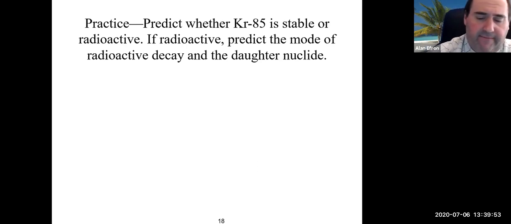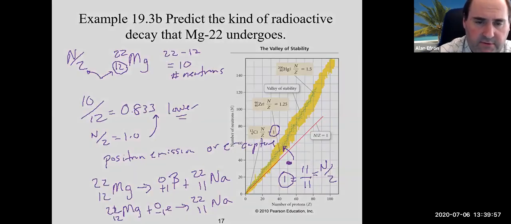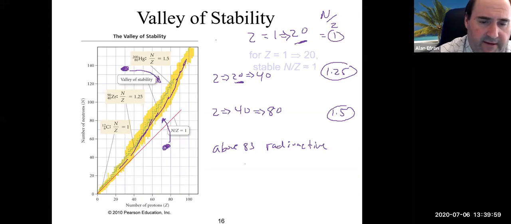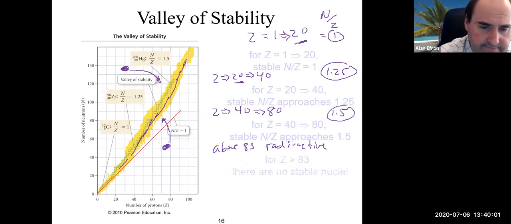And we saw a graph, which I think if we come back a couple of slides, we saw here, which is sometimes referred to as the belt of stability or the valley of stability. That's a good ratio in terms of neutrons to protons for particular isotopes, and it is based on the atomic number.